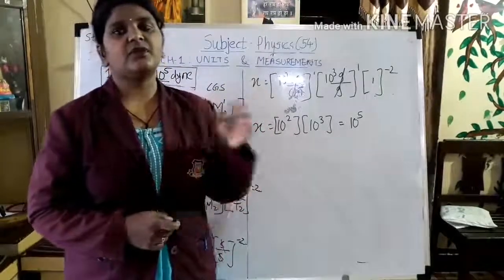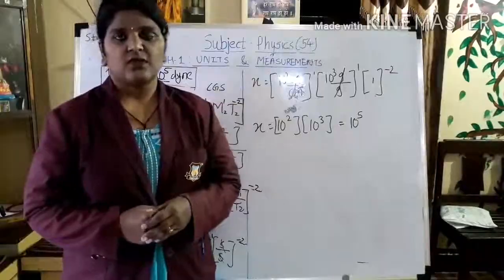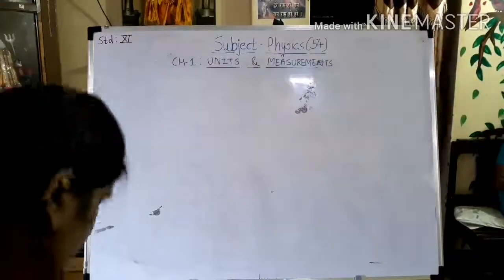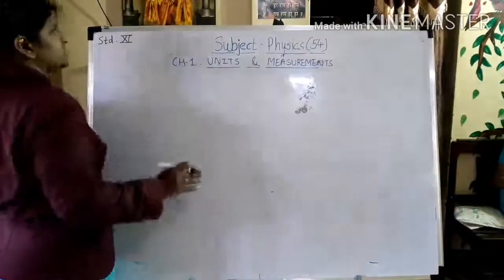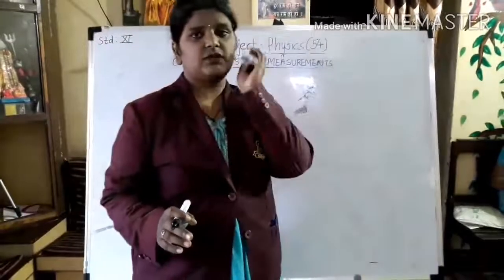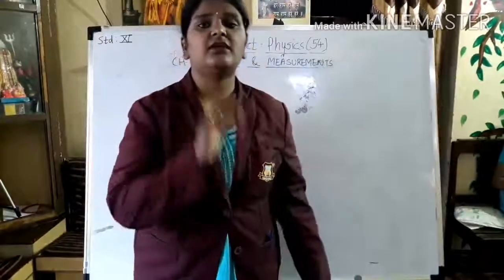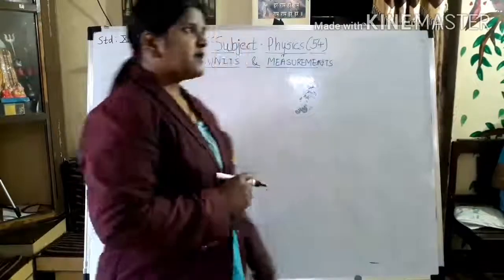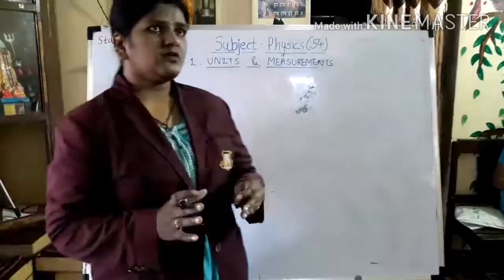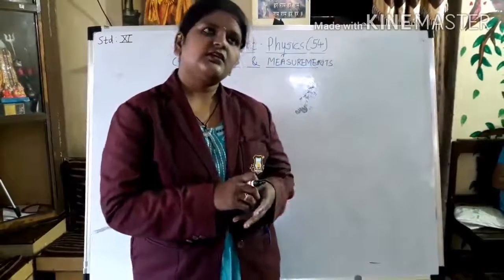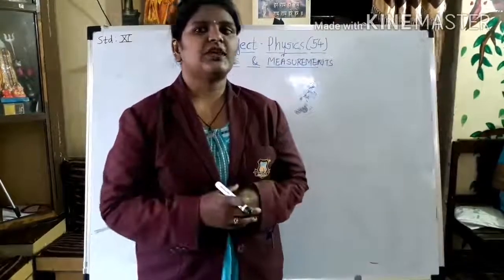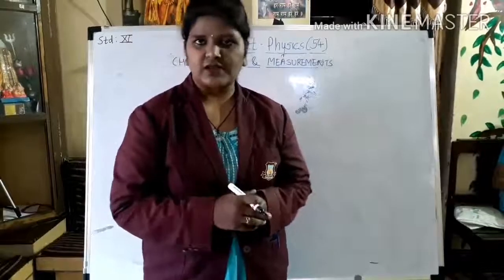So that will be the limitation. Okay, there is one more limitation of dimensional analysis, and it is that in the first use we say that the correctness of an equation can be found out by using dimensional analysis, right?